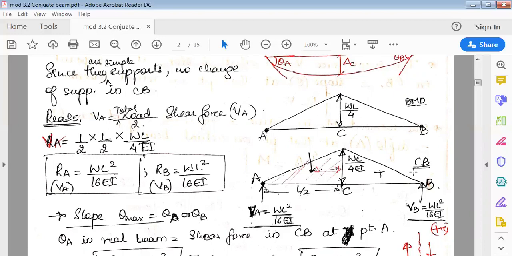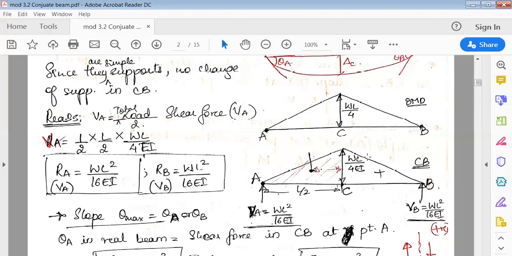Okay. Now, see here, if you want to find VA, it is the total load which is acting only between A and C. Now see here, only in this portion. So as we know, this is WL by 4EI. It gets distributed equally to the left and to the right side.